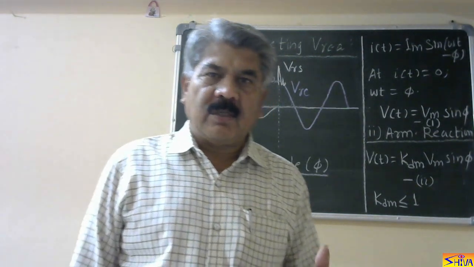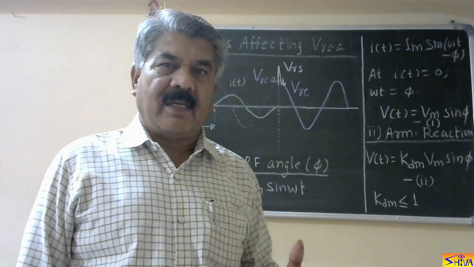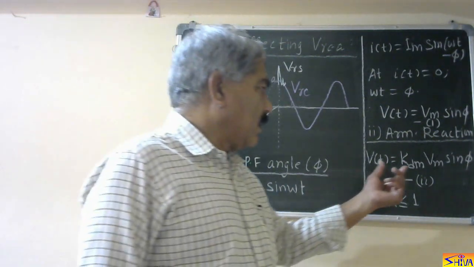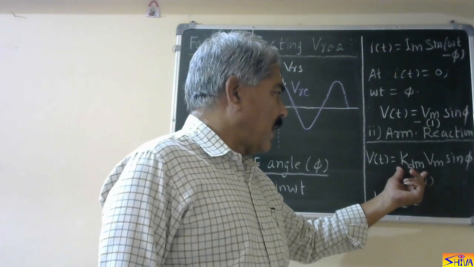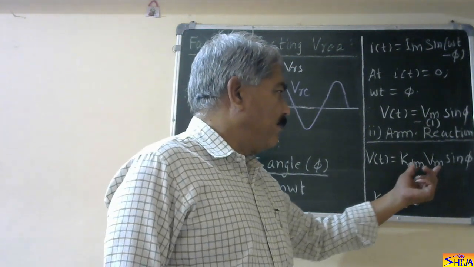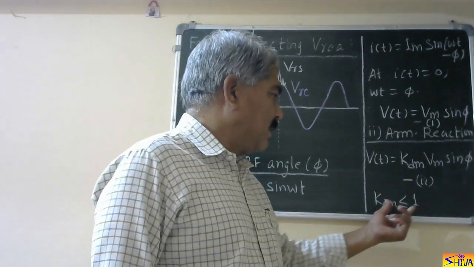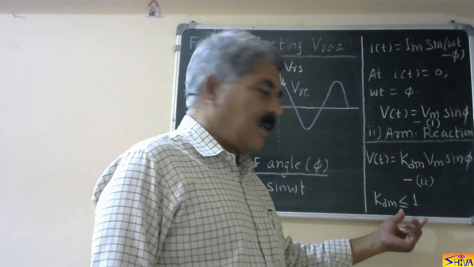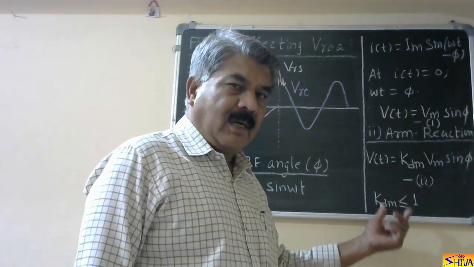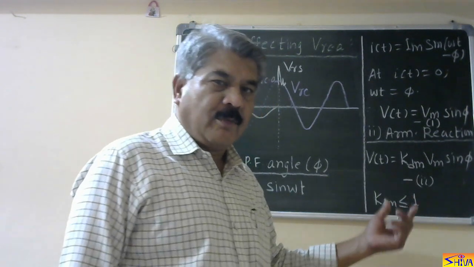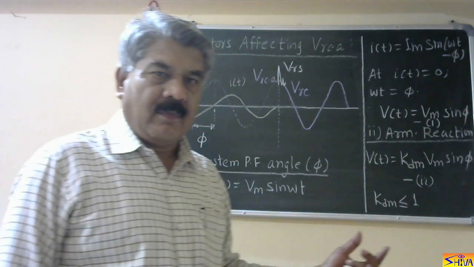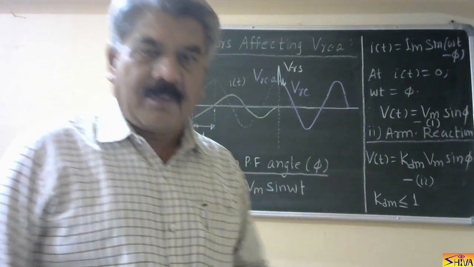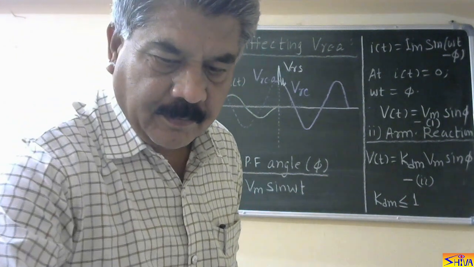To introduce the effect of demagnetizing armature reaction, we consider a factor k_dm. So we write v(t) equal to k_dm Vm sin phi, where k_dm is less than or equal to 1. Actually it is less than 1, but if it is not mentioned, we assume that it is equal to 1. Now I will discuss the third factor, that is circuit condition.